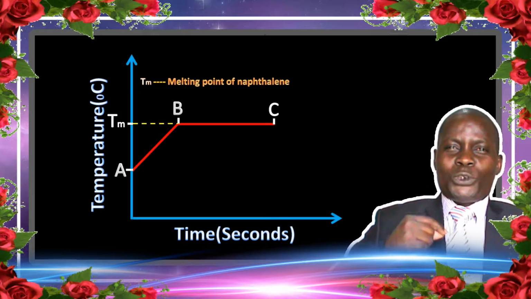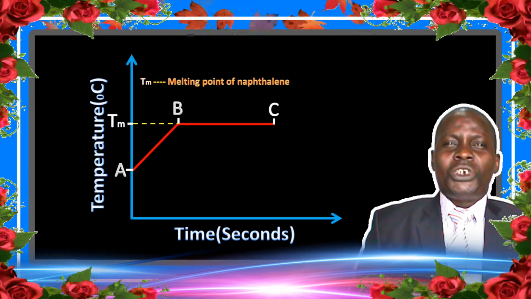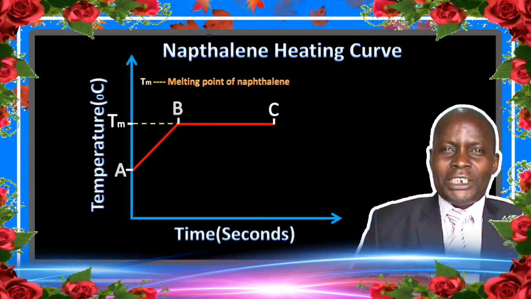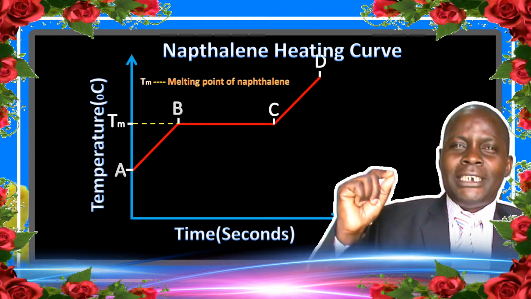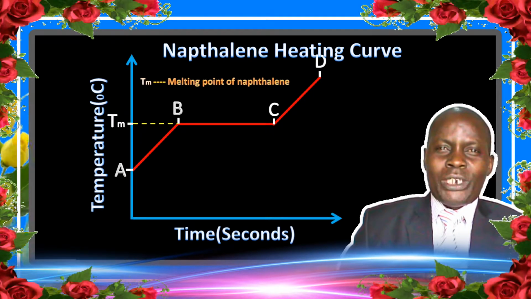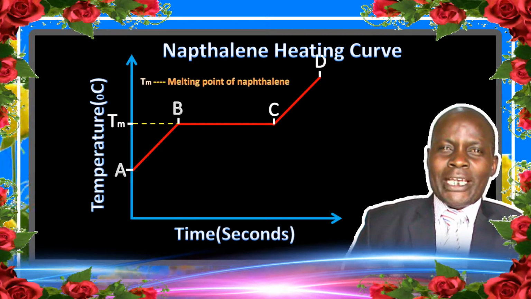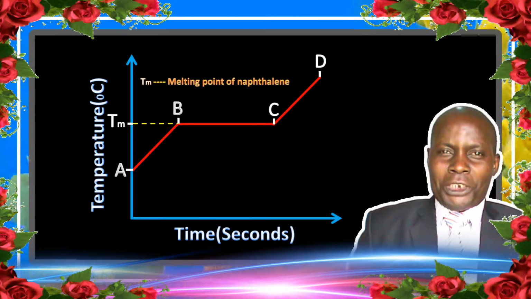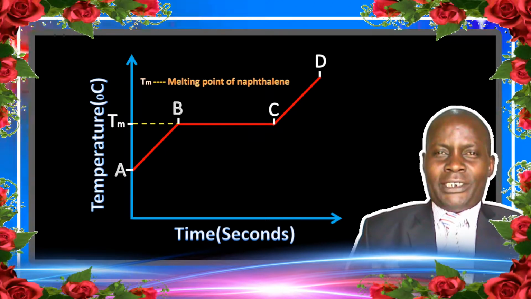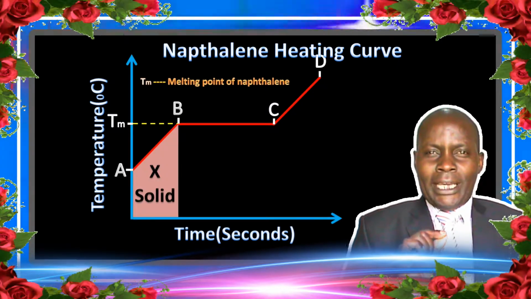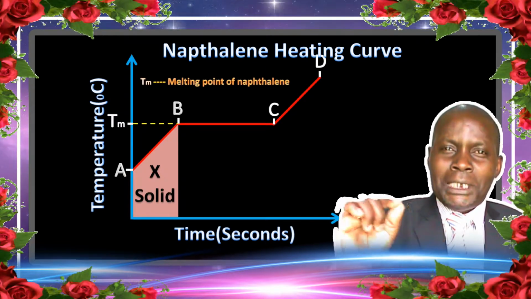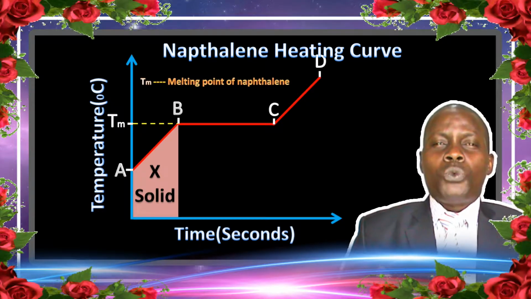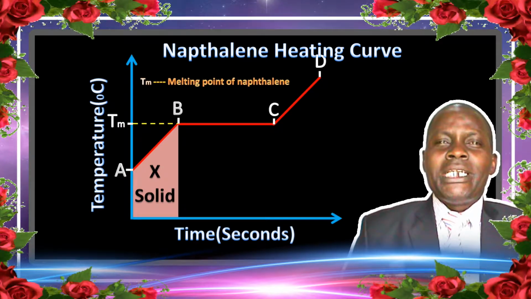When all the solid naphthalene has changed to liquid naphthalene, the temperature will start rising from point C to point D. That is the liquid part, which is now increasing in temperature. Now when you observe these areas, from point A to point B there is a rise in temperature, and in that phase we have only solid naphthalene.